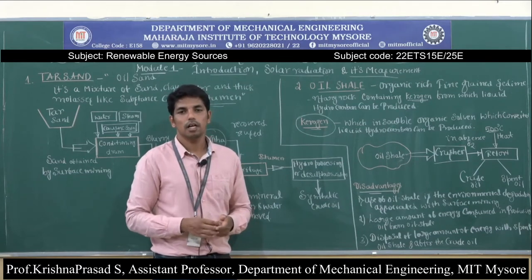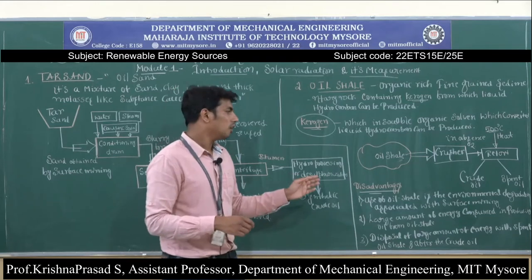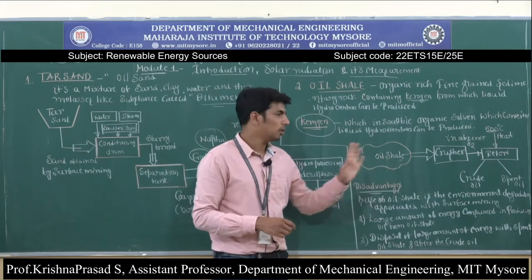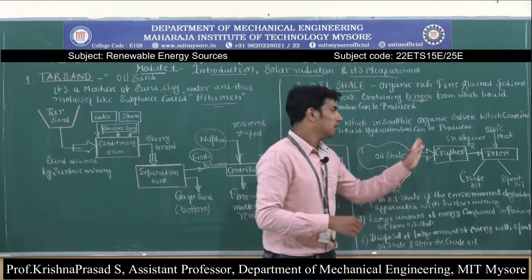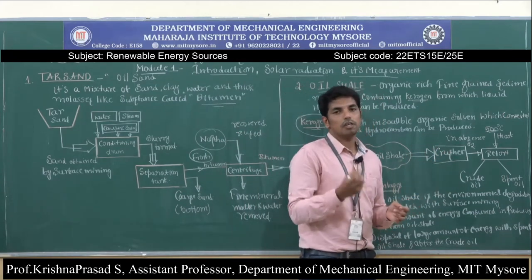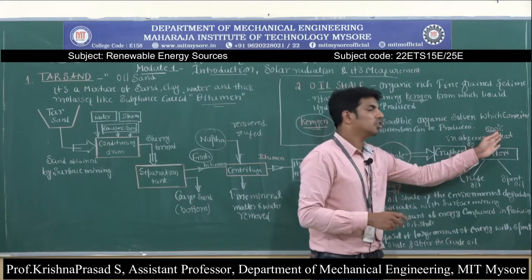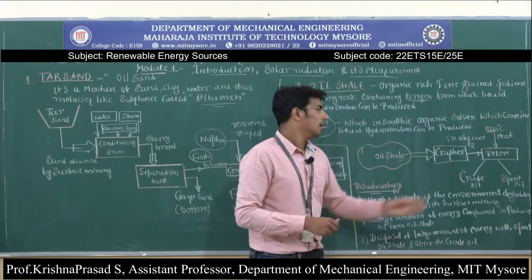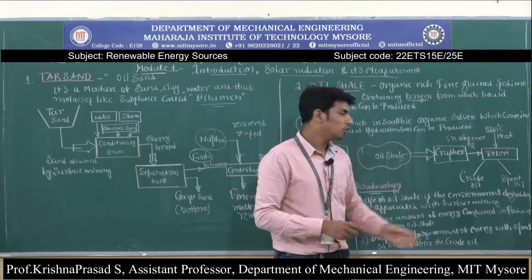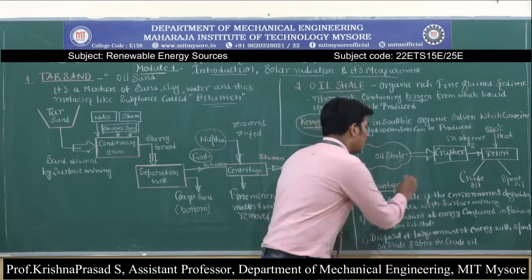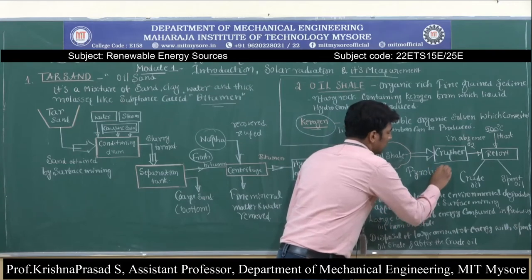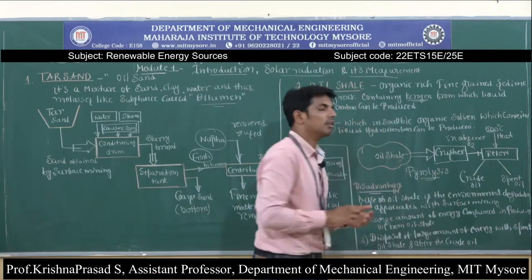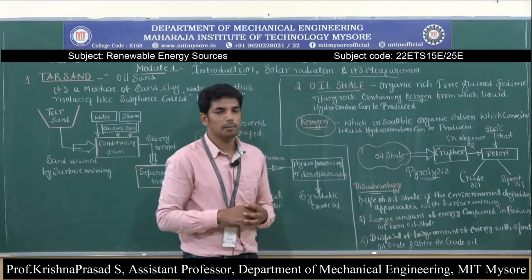This is one method. In the other method, after the oil shale is crushed into smaller particles, it is retorted. That means the crushed oil shale is heated at a temperature of 500 degrees centigrade in the absence of oxygen, then crude oil is obtained by the process called pyrolysis. So by the process of pyrolysis, crude oil can be obtained.